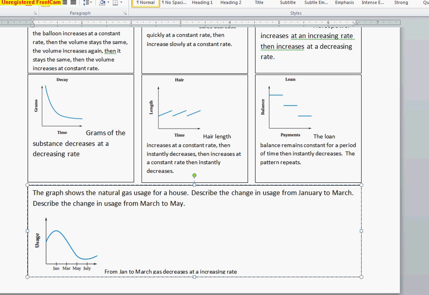And then from March to May, that's this area here, you notice how it's going to head back uphill. So now it's decreasing at a decreasing rate.